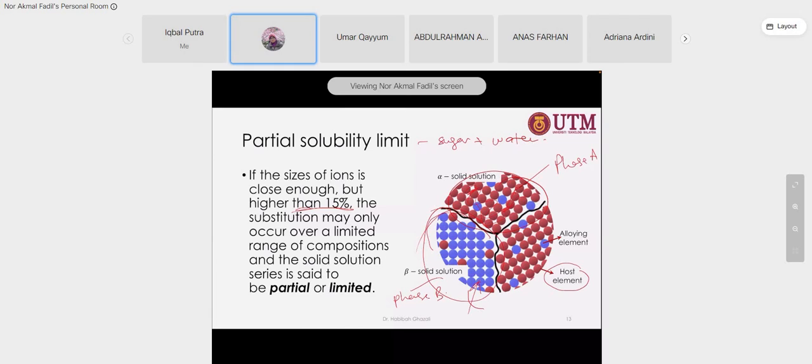So in the phase diagram system, for solid solutions, they sometimes label the phases as alpha, beta, gamma, depending on the alloy system.